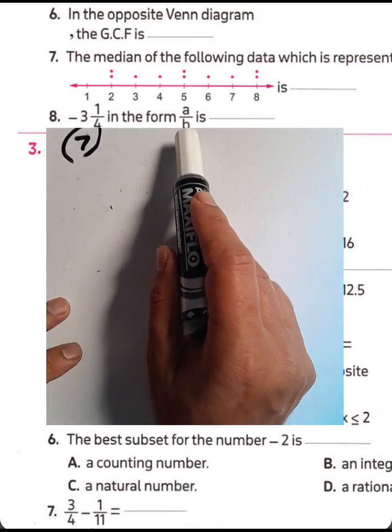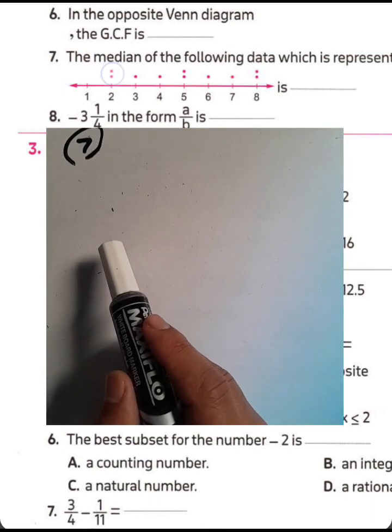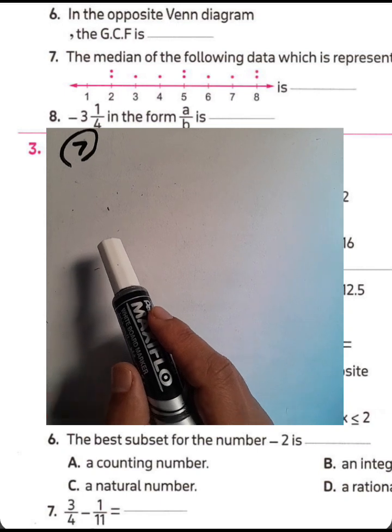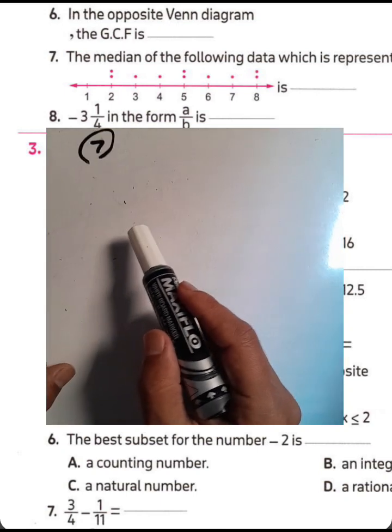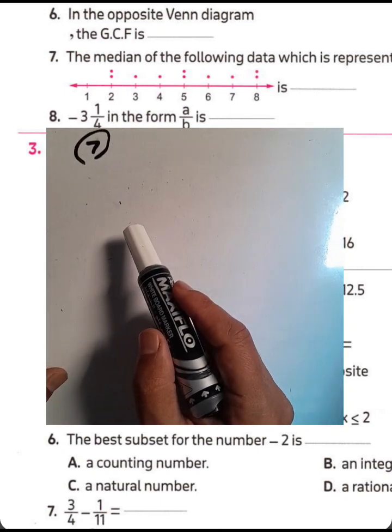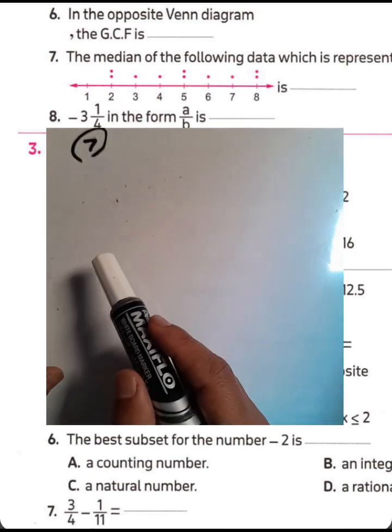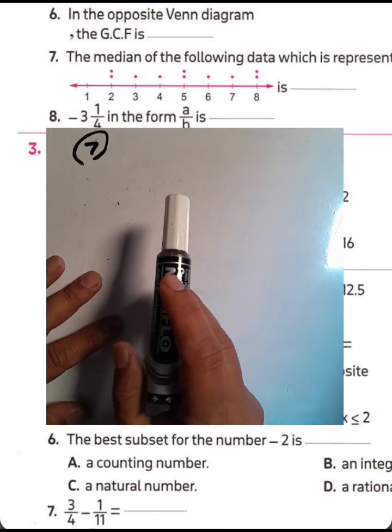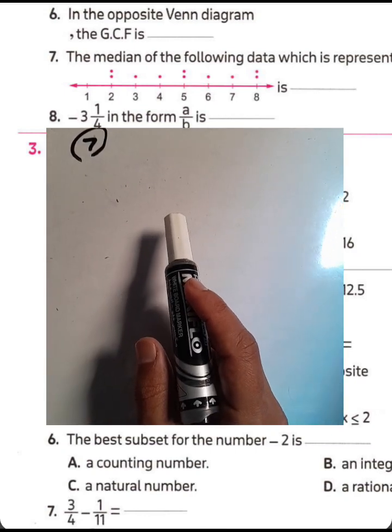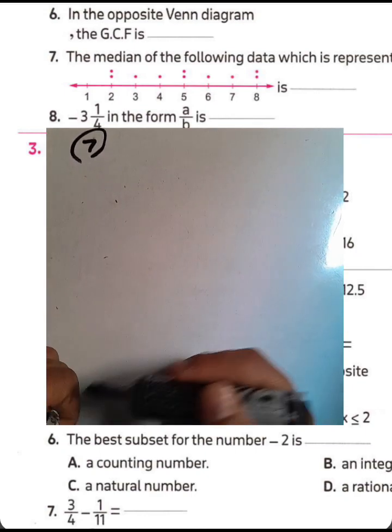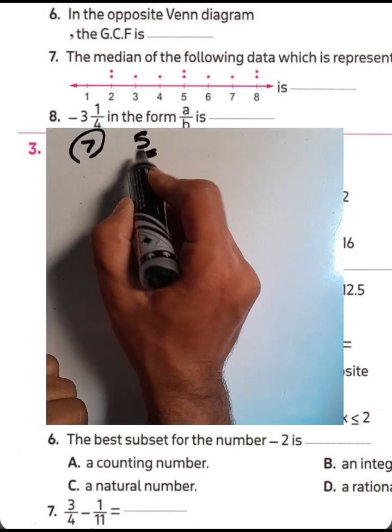We have 7 points on the number line, and 7 plus 1 equal 8. 8 divided by 2 equal 4. This is the order of the median, the fourth. Count with me: 1, 2, 3, 4. Then 5 is the median. The median will be 5.